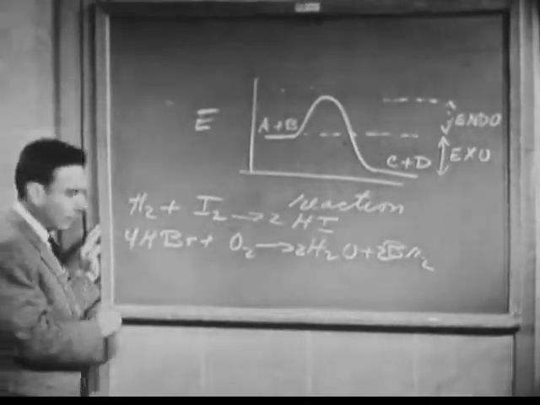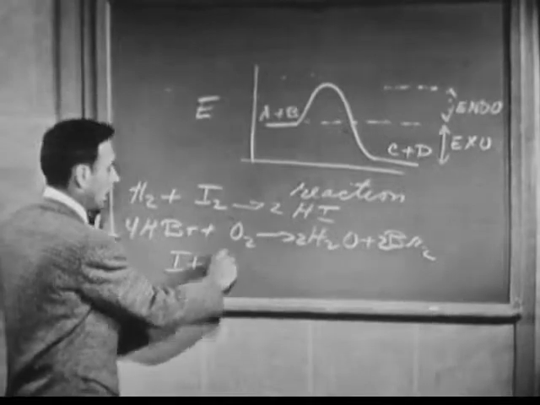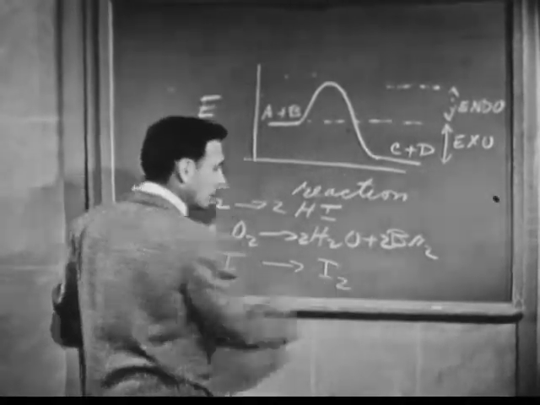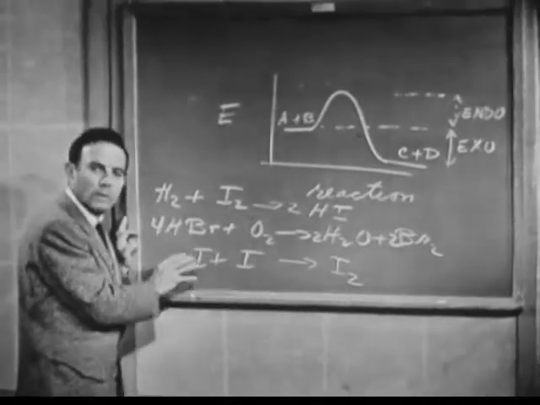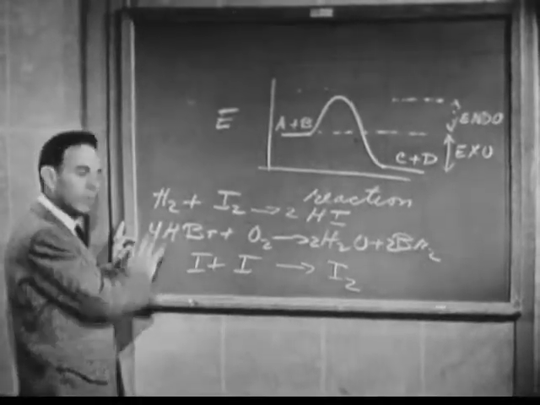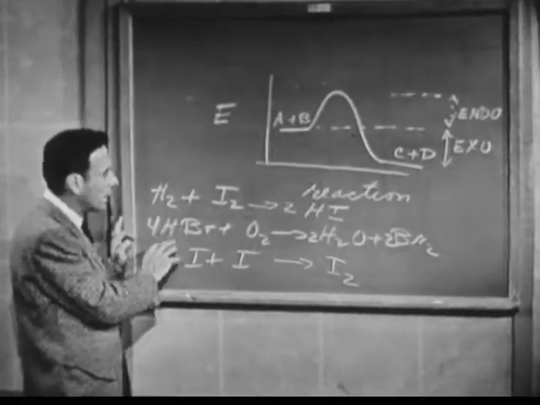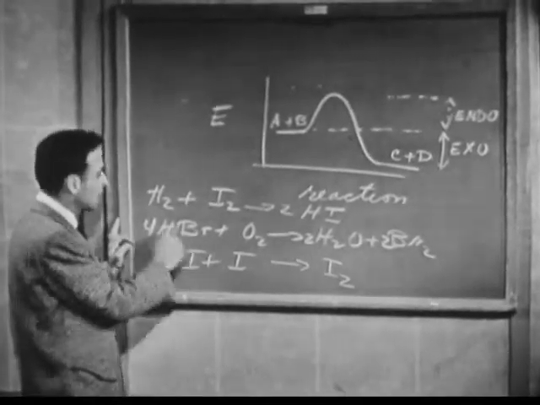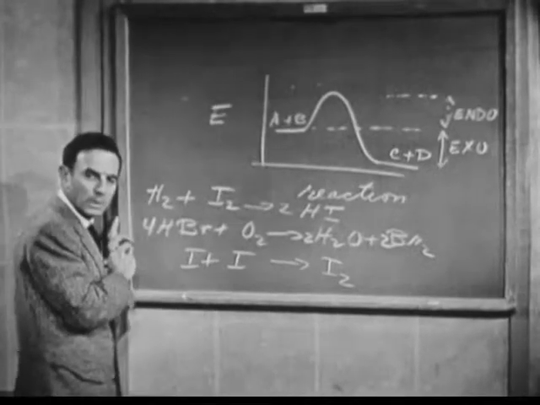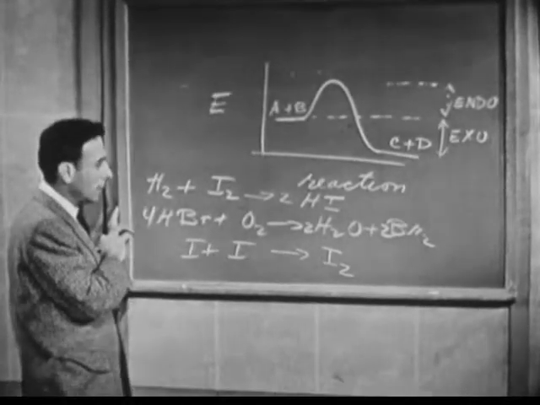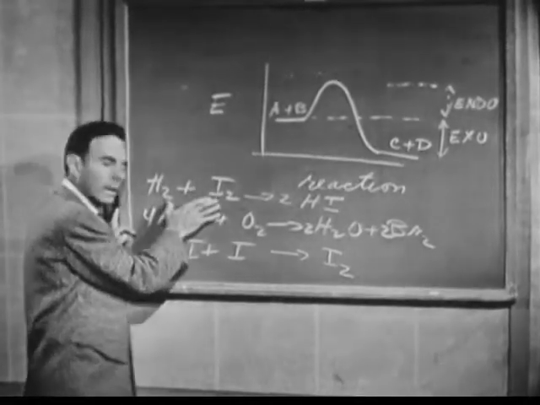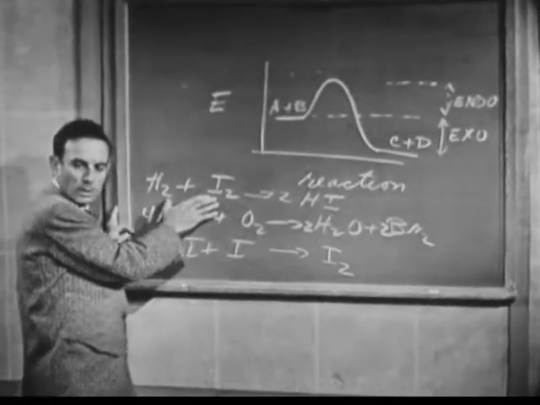And then finally, a third reaction that I wish to discuss, that of the reaction between two iodine atoms in the gas phase to give I2. Now, I'll consider only gas phase reactions today, but you can see that these reactions bring up important matters in control of reaction kinetics. Let's consider first the H2 plus I2 reaction and ask, what are the factors that are important in determining the rate at which this reaction occurs?